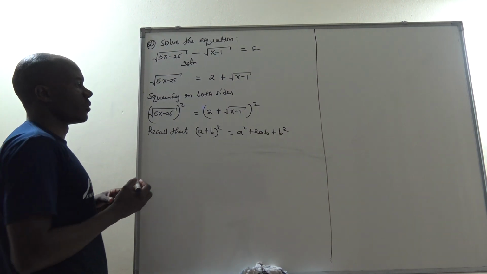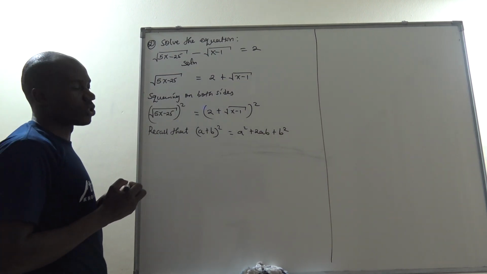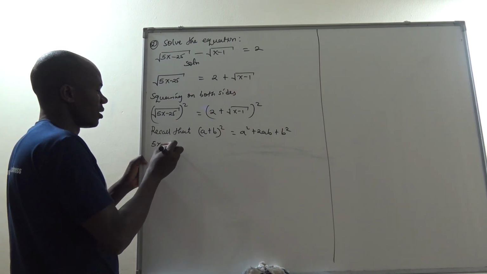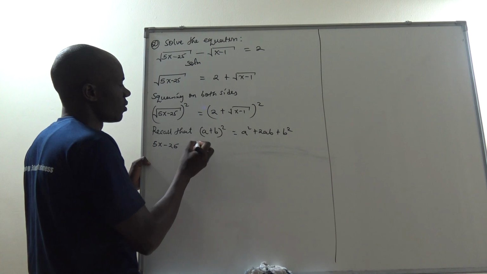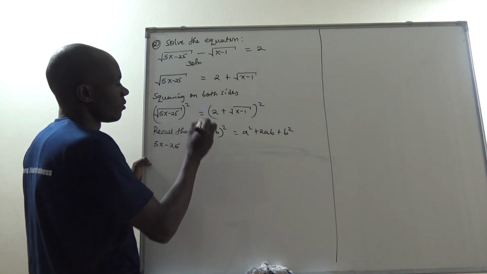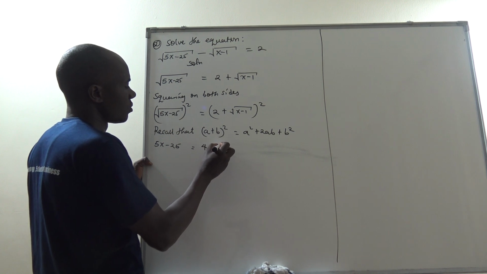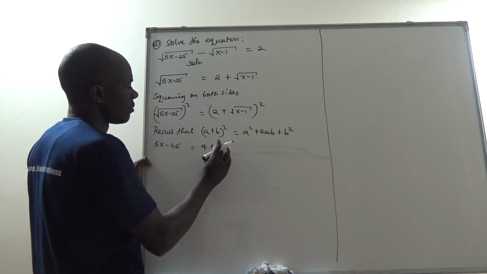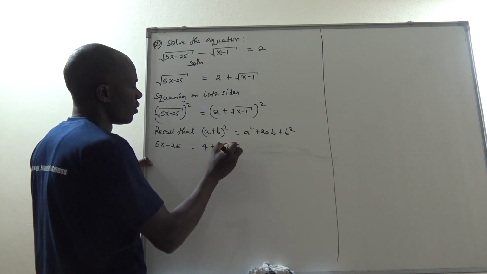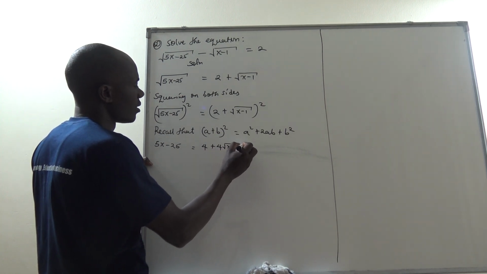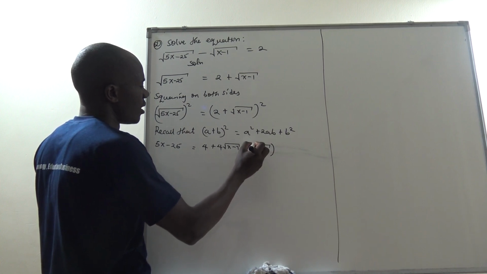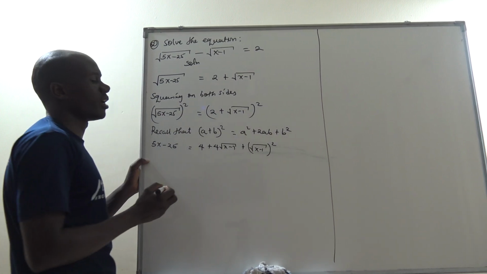So when we expand, the square cancels with the root, and I will remain with 5x minus 25 equals 4, plus 2 times 2, which gives 4 root of x minus 1, plus the root of x minus 1, the whole of it squared.